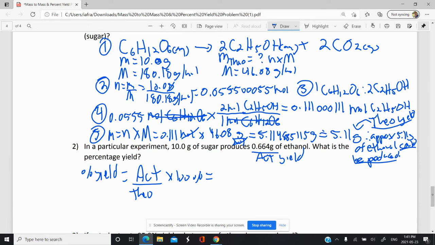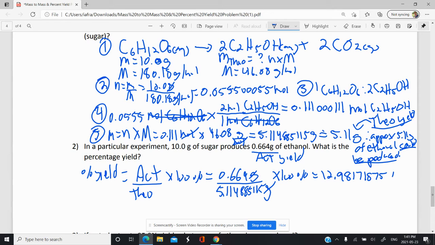And our actual yield is 0.664 grams. Our theoretical was from the question up there, 5.114885115 grams. Cross out grams, times 100%. So 0.664 divided by that answer times 100, and we get about 12.98171875%, to 3 sig figs again, so about 13.0%.